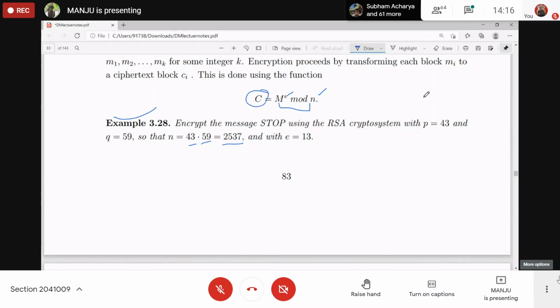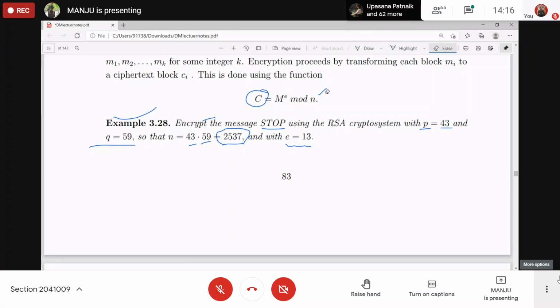For example, we want to encrypt the message STOP using this RSA crypto system, where P is given as 43 and Q is given as 59. So N will be 43 into 59, so N is 2537. And E is given as 13. Now you know E in this one, right?